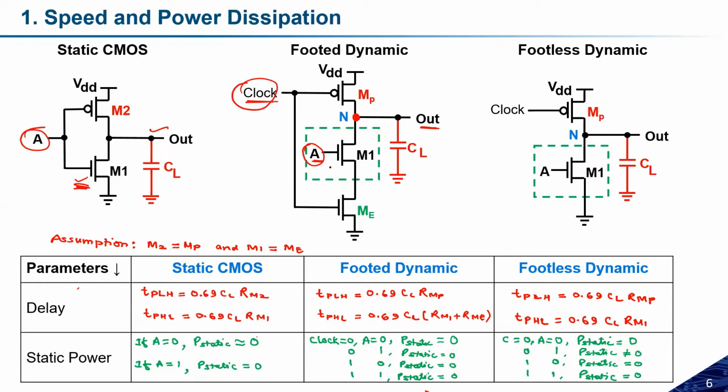That is why we are calling it dynamic. Here the node capacitor depends on the on and off state of both transistors, but here the node capacitance during precharge depends on the clock, and during evaluation it depends on A. So that is why we are calling it the dynamic one. Did you get the answer, or do I need to explain more? Yes, sir. Okay, so this is why we are calling it the dynamic one.